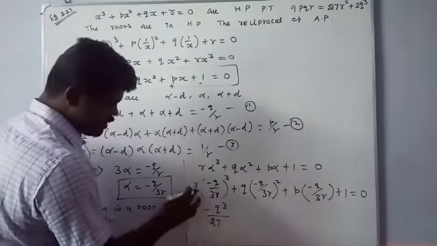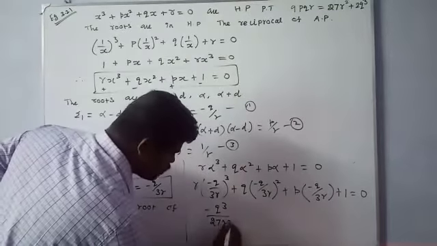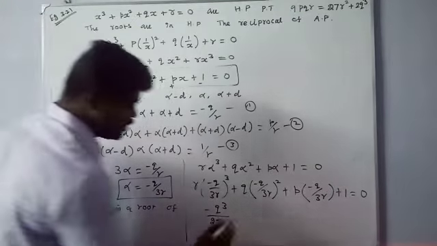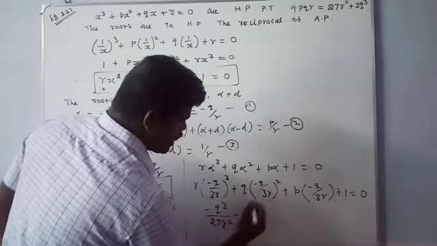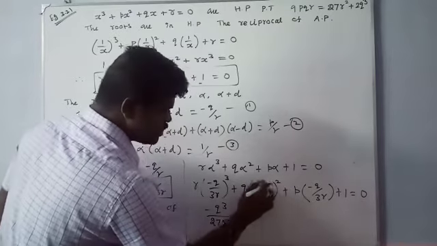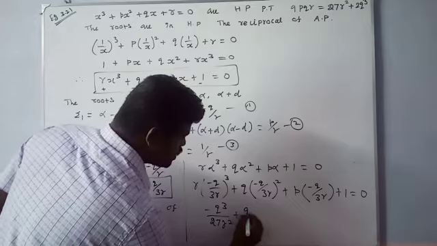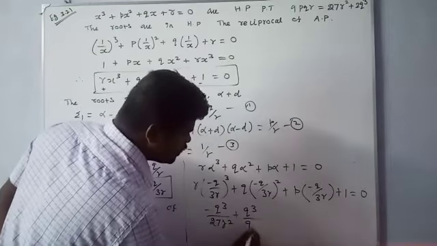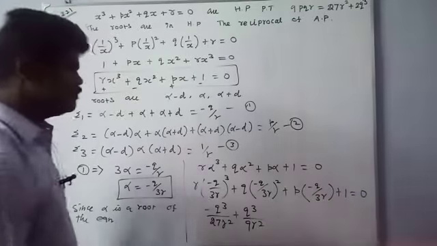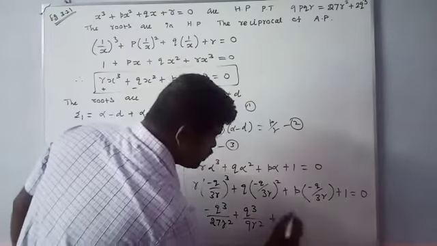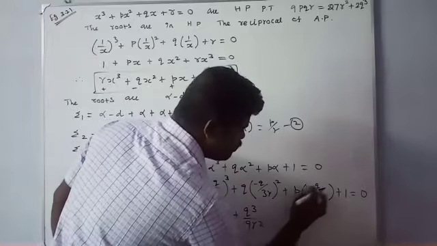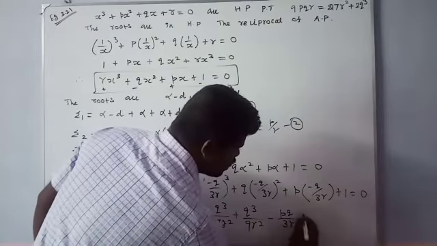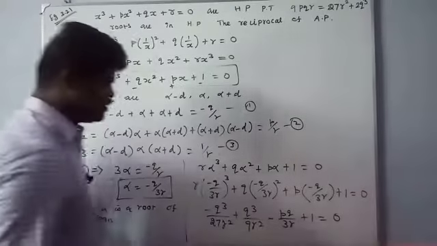Here r cube is there, here r is there, so r square, minus q cube by 27 r square. And here minus square means plus, q square into cube, so plus q cube divided by 3 square, means 9, and r square, plus here minus p into minus q, minus pq divided by 3r, plus 1 is equal to 0.